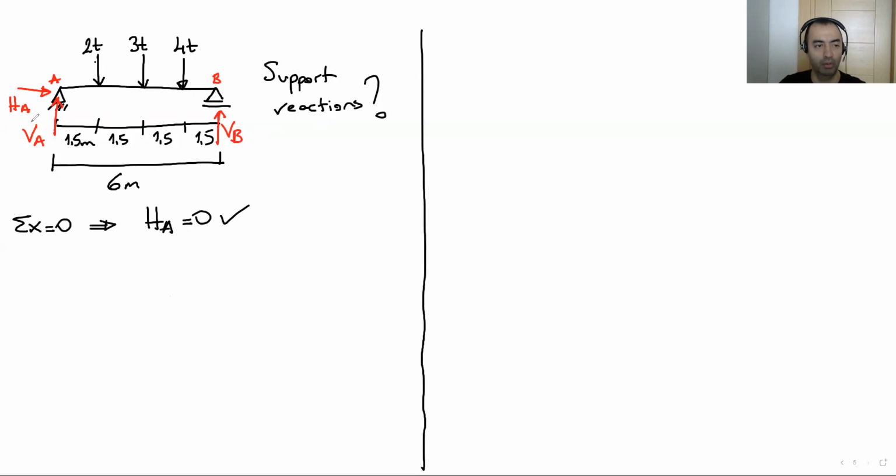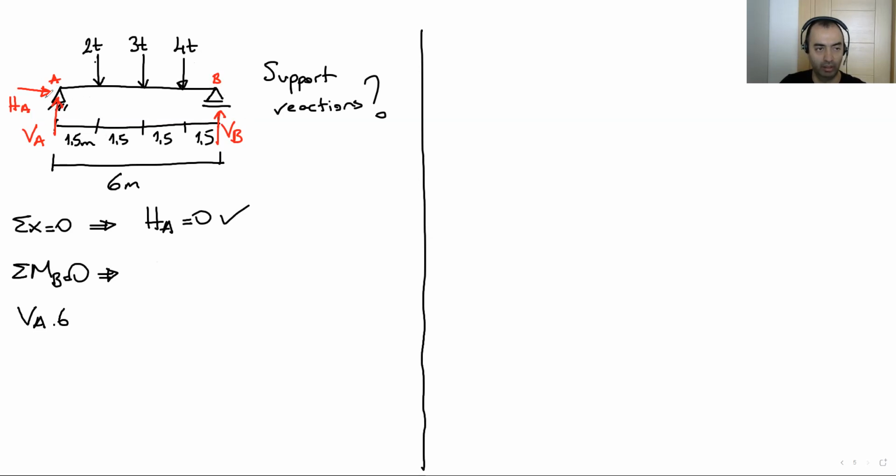So we have vertical A, vertical B. We can write total MB. For example, if we take the moments according to this point, so we can calculate this vertical A. Total MB equals 0. So here, let's write it. Vertical A times 6 meter.